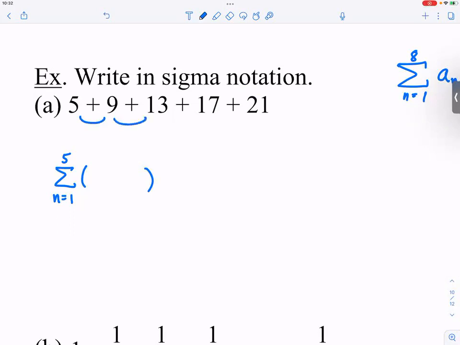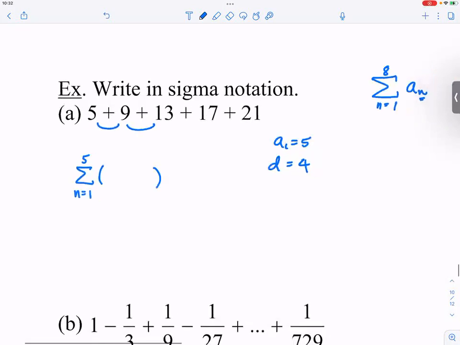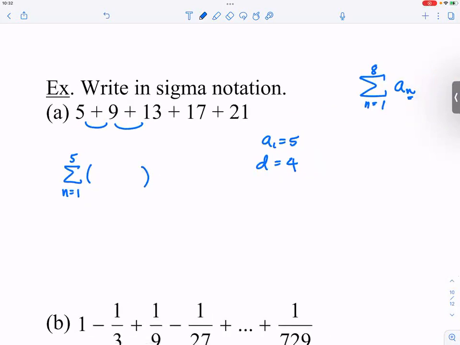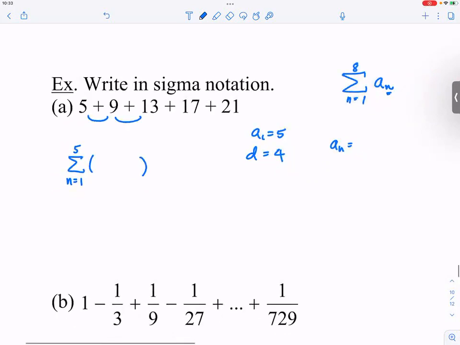Well, you know that A1 is equal to 5. What is the D? What's the difference between the terms here? It'll be 4. So you're adding 4. So therefore, A1 is going to be 5. So AN, the notation that we learned yesterday, was AN is equal to D times N minus 1 plus A1.